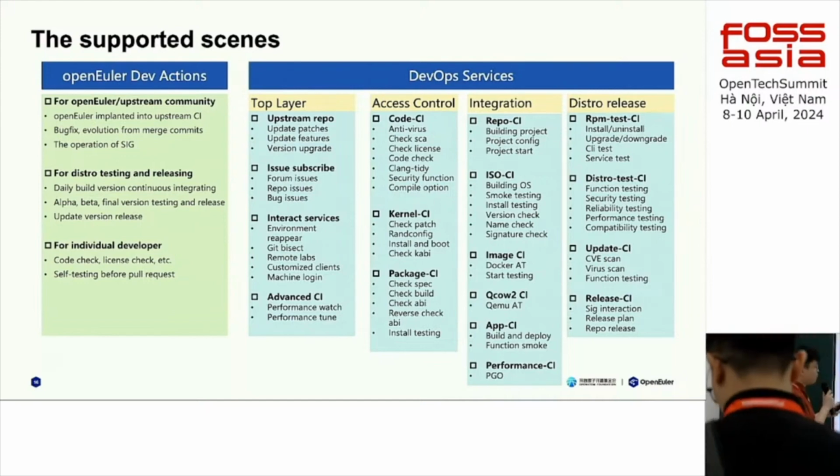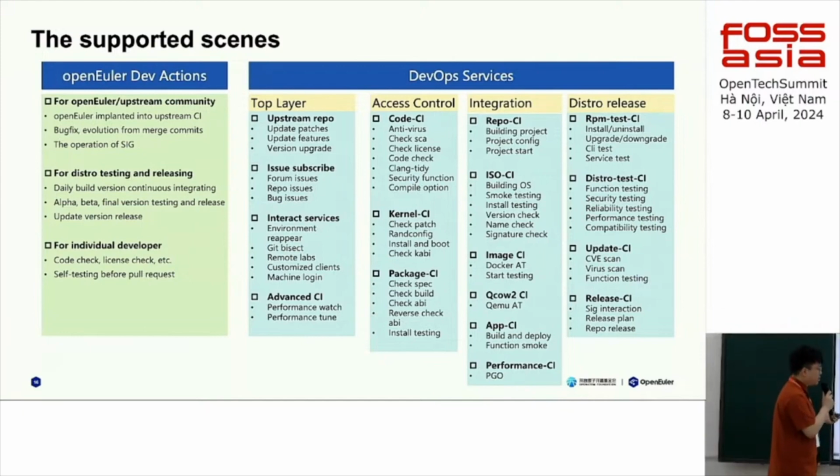They are all different kinds of templates, and like in code CI, the antivirus or the SCA check and license check are all atomic jobs supported by Compass CI. So it means we could build a large ecosystem of different kinds of atomic jobs and use templates to arrange them easily.